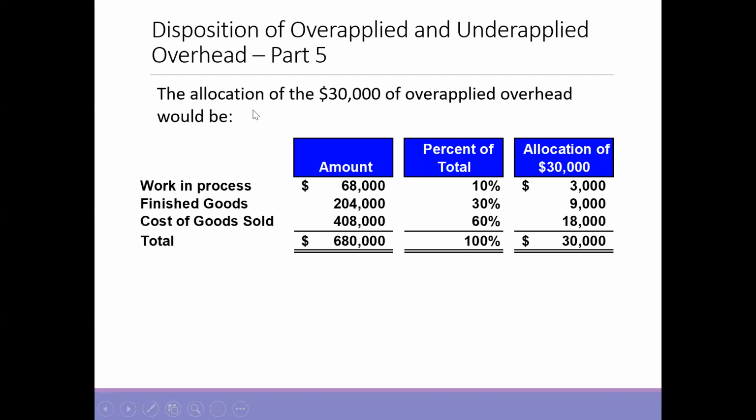So we could allocate that 30,000 overapplied this way and proportionately show a reduction to work in process of 3, a reduction of finished goods of 9, and a reduction to cost of goods sold of 18.